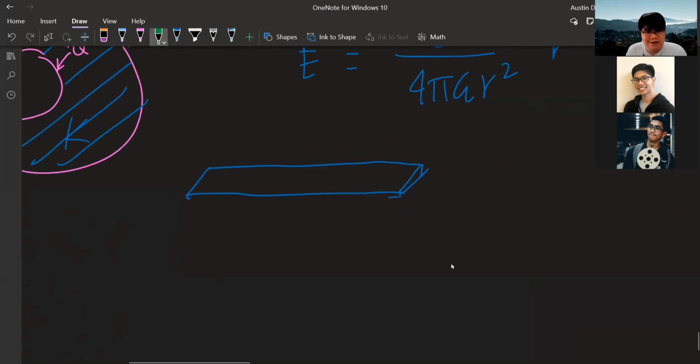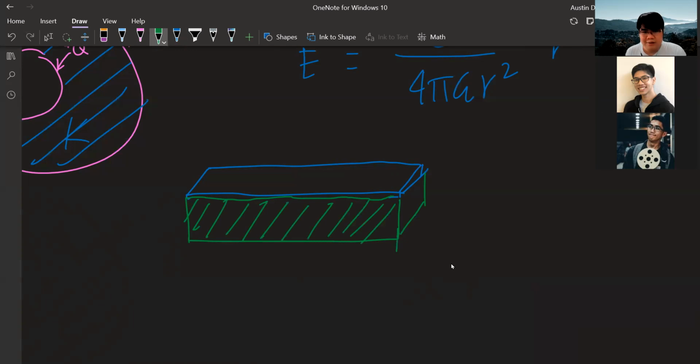Tapos sa ilalim niya may slab ng dielectric. Okay. So may slab ng dielectric. And now you're getting the electric field for this. Para infinite slab ito.